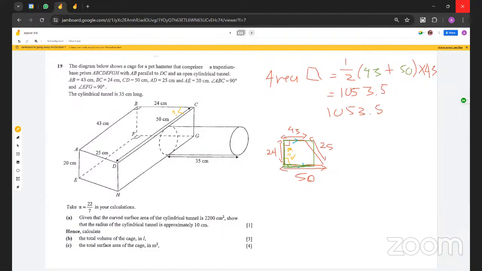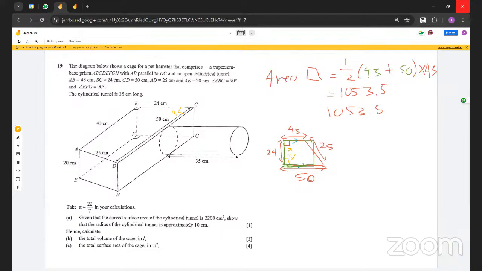Times the mid length, height. Okay, what is it? 46.5.